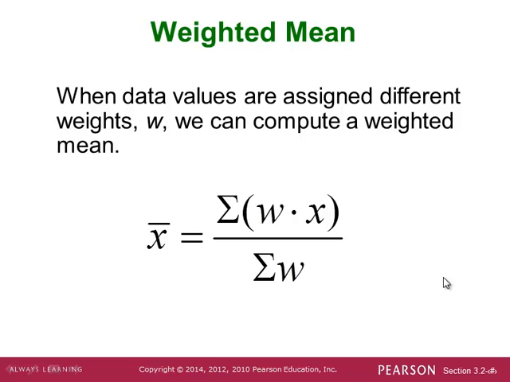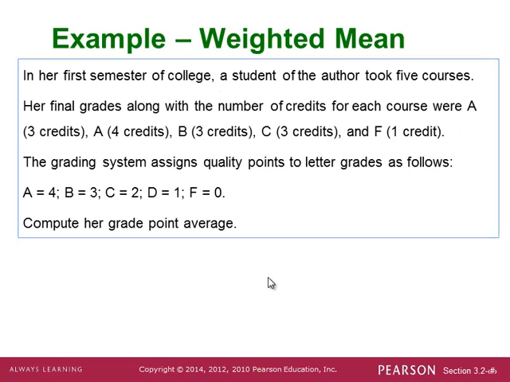Now, you could also compute a weighted mean, if different values have different weights. So you just take each value times its weight and add them all up, divided by the sum of the weights. So for example, we know that when we compute our GPA in school, an A counts as 4 points, a B counts as 3 points, C is 2 points, D is 1, F is 0.